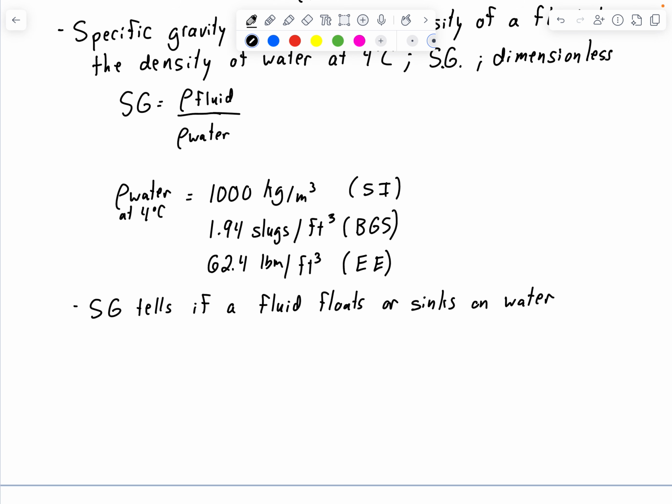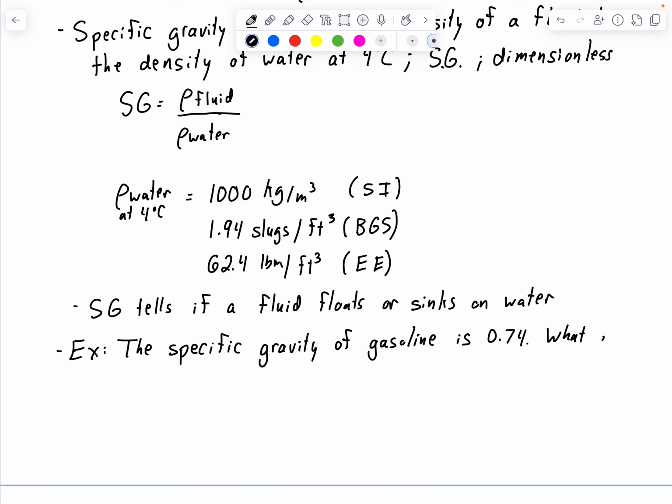So for example, we'll do a quick example here. We can say that the specific gravity of gasoline is 0.74.